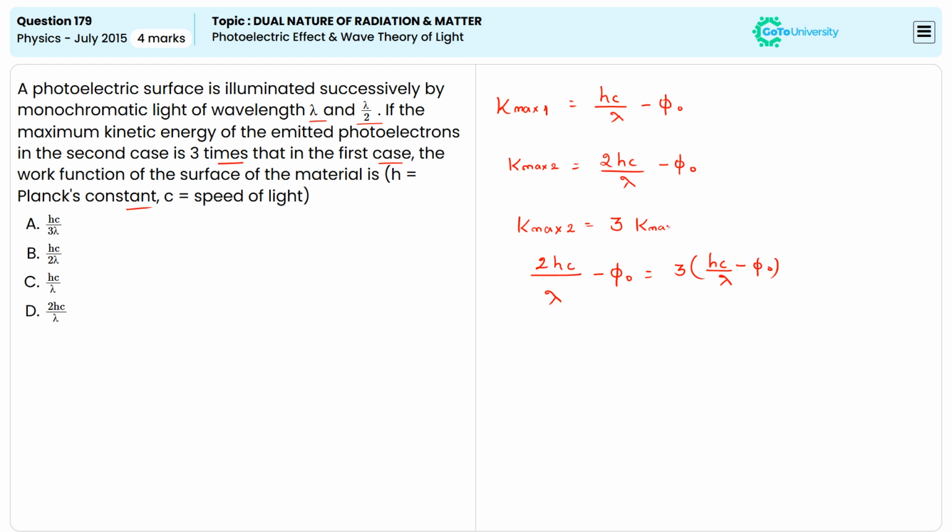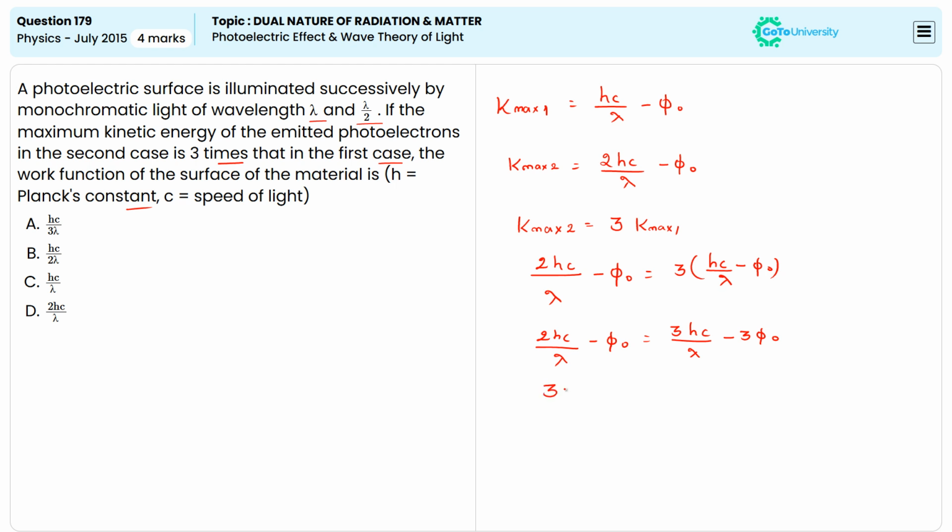Okay, this is K max 1 here. Then, further simplified, we get 2 times hc divided by lambda minus phi naught is equal to 3 hc by lambda minus 3 phi naught.